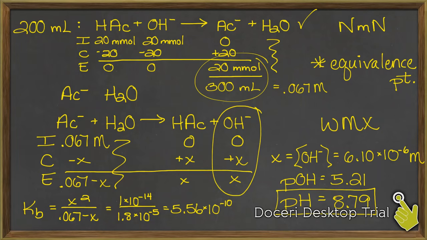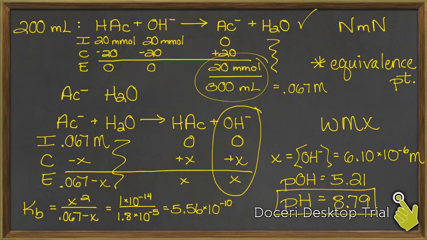We did a Newman first. What were we left with? Just some weak base and water, and that's it. So we had to do a Womex problem to figure out the final pH. You only have to do two ice tables like this if you are at the equivalence point.